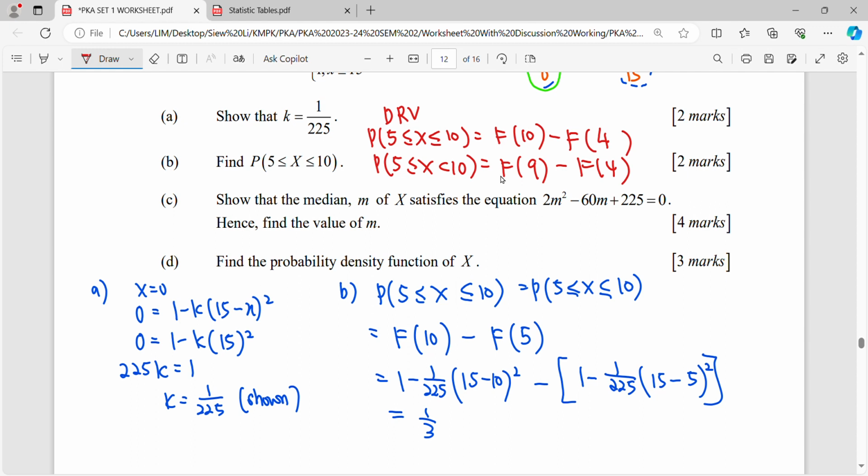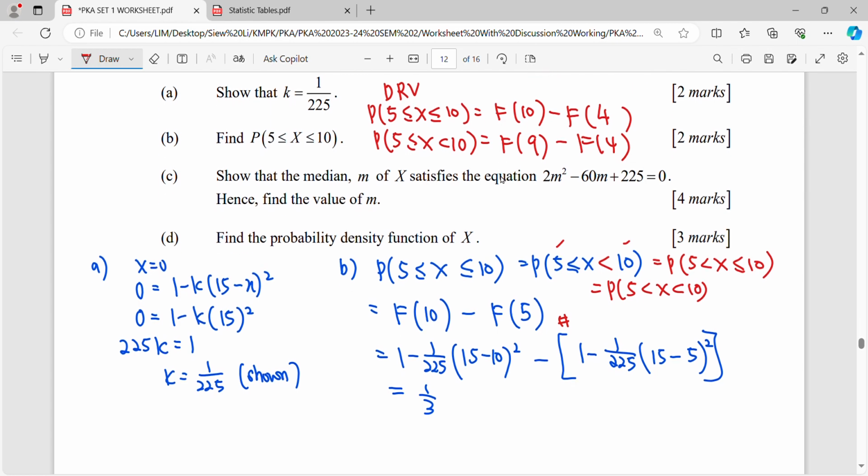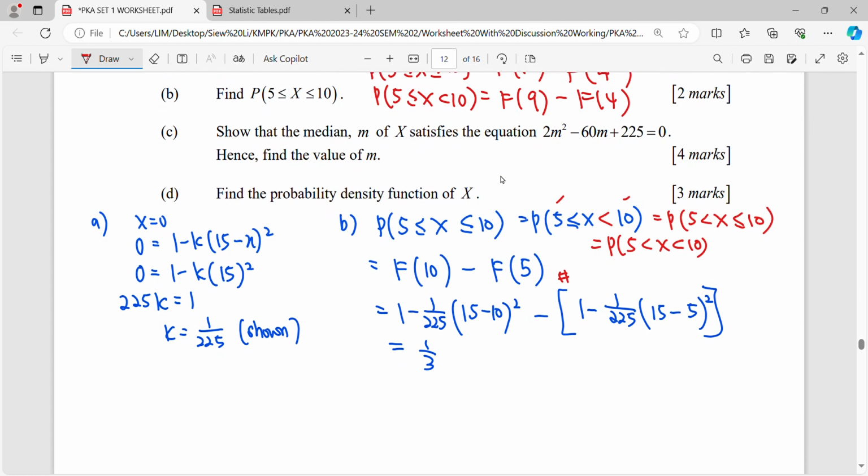So for continuous, they will remain the same, or this, or this. They are working still F10 minus F5. Upper limit 10, lower limit 5. Alright. So there will be a difference. So we come back to question C.